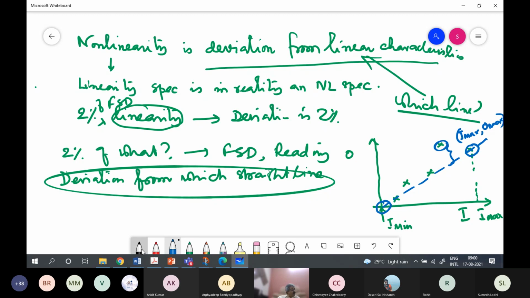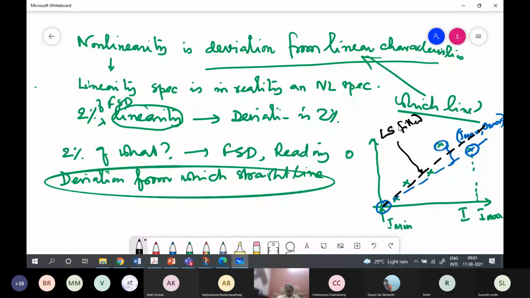What is my alternative? I could have tried to fit a least square straight line. You have done this in your physics lab, and I am not deriving the equations: if you have a number of points and you want a best fit straight line, you would have given a line like this, the least square fitted line.